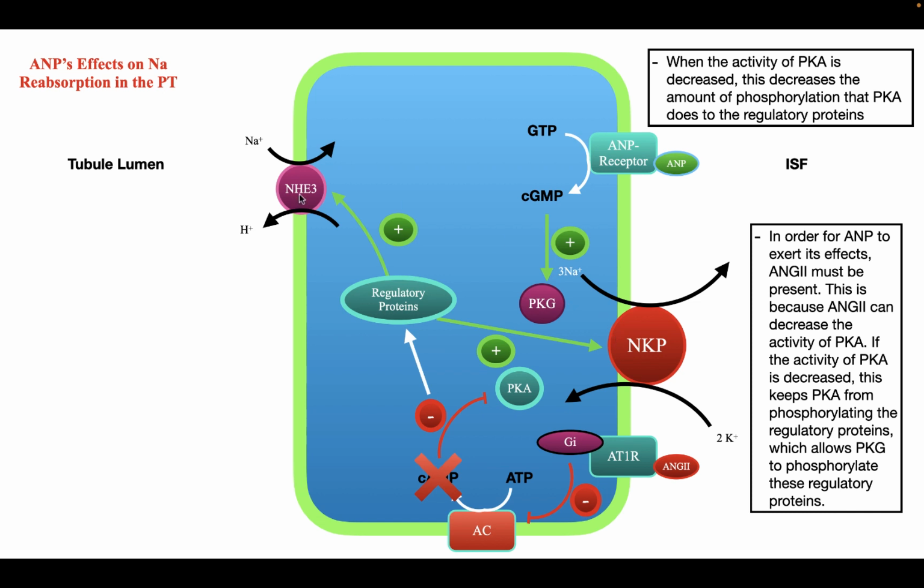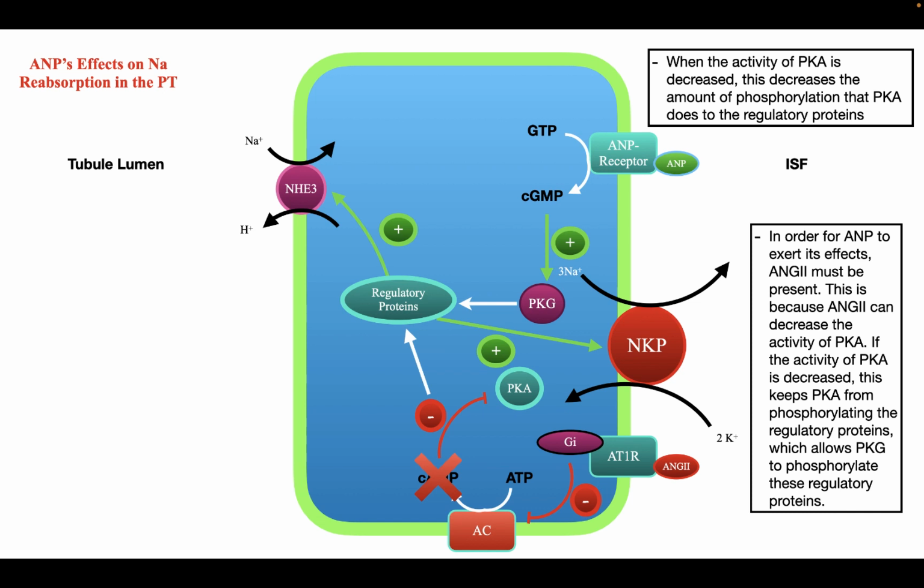In other words, in order for ANP to exert its effects, Ang II must be present because Ang II keeps protein kinase A from phosphorylating these regulatory proteins, which allows protein kinase G to phosphorylate them and exert specific effects.